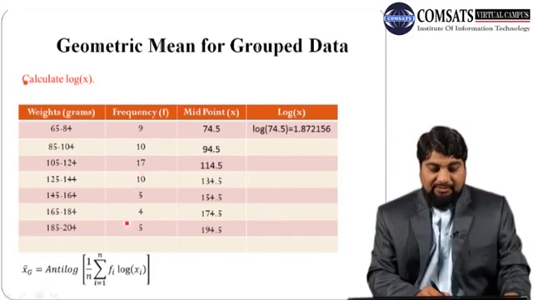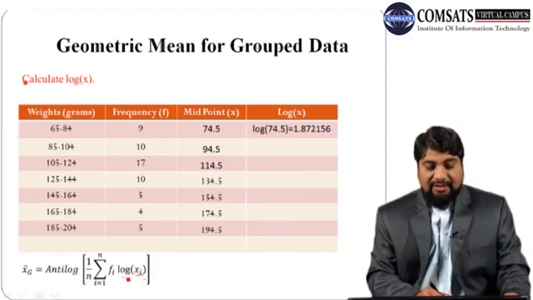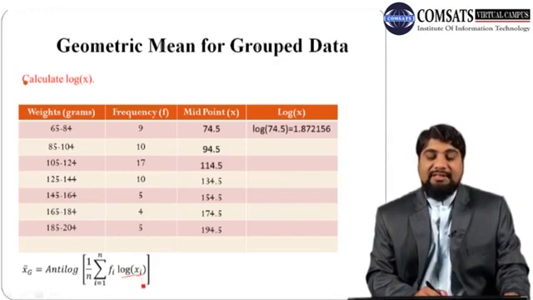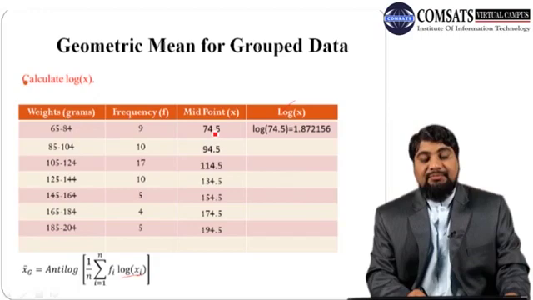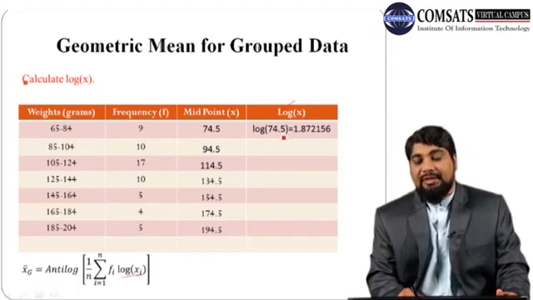Once we have the midpoints x, we can calculate log x. Make a new column and label this as log x, because in order to calculate the geometric mean we need to calculate log x. Take the log of the first number and then the second and so on. Log of 74.5, you can use a calculator or Microsoft Excel to get this number.